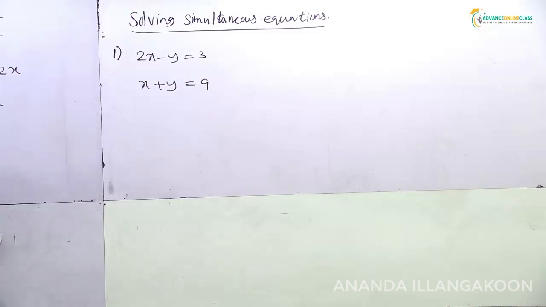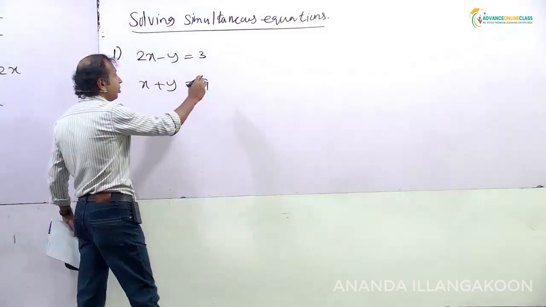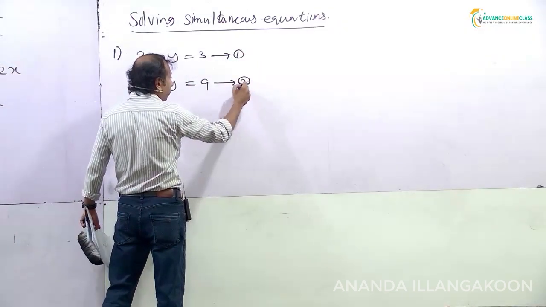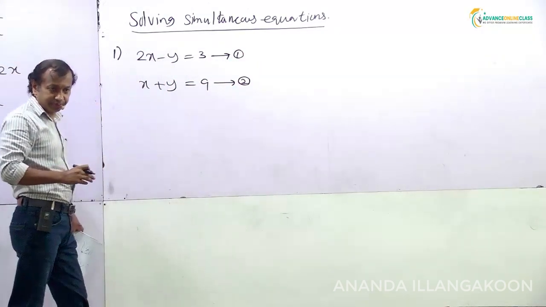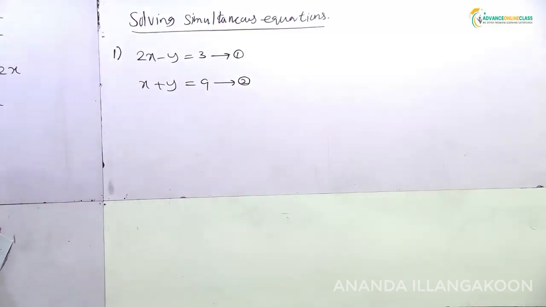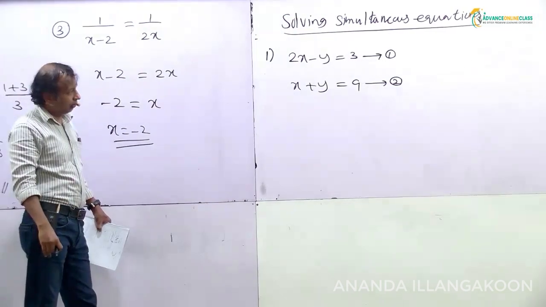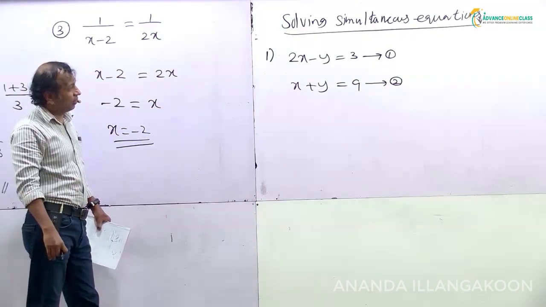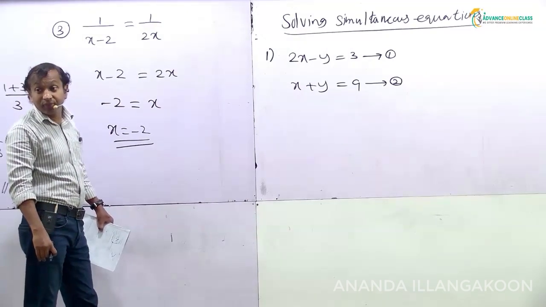So what's basically the method here? Number 1, number 2. We mark like this. Then suggest what is the easiest method of getting x and y?